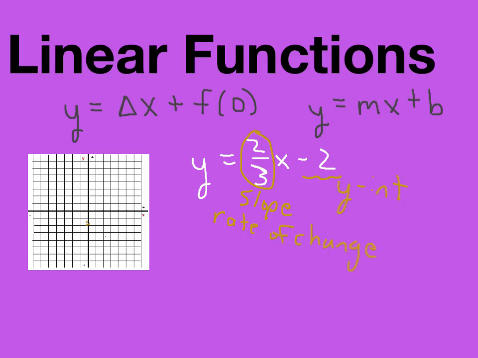That rate of change says we're going to go up by 2 and over by 3, up by 2 and over by 3, and then we can connect those to draw a line. So remember that we've got the rate of change and the y-intercept, because those things are going to come up again many times in this unit.